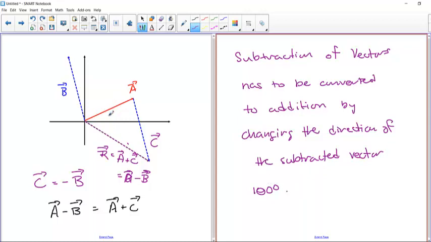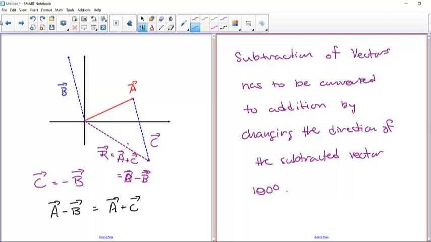Now in forces, we add vectors all the time. Where we have subtraction of vectors is when we get to deriving rotational motion. There we're going to take one vector and subtract another vector to get the final answer of what we're trying to come up with.